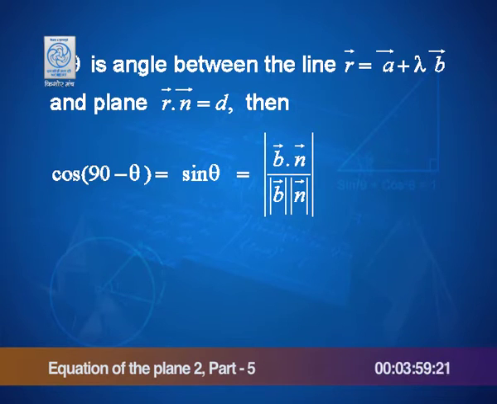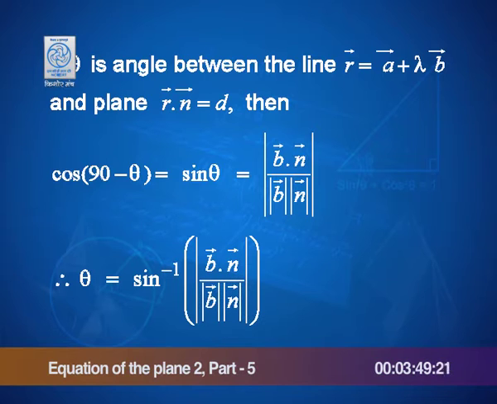That is equal to the absolute value of b dot n upon magnitude b magnitude n, and therefore, theta is the same as sin inverse of the absolute value of b dot n upon magnitude b magnitude n.